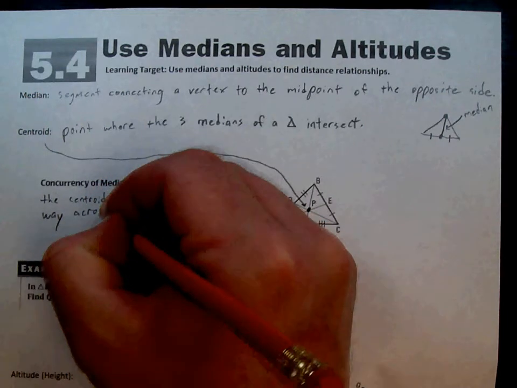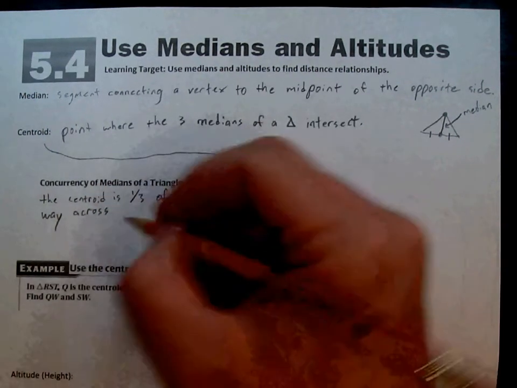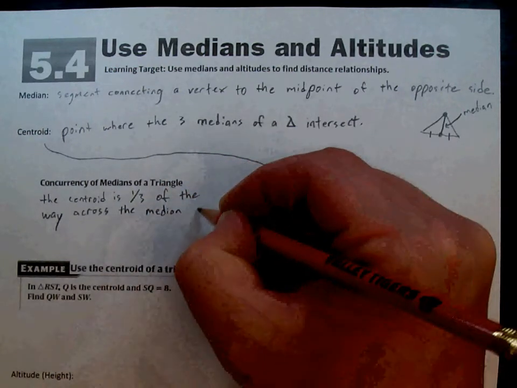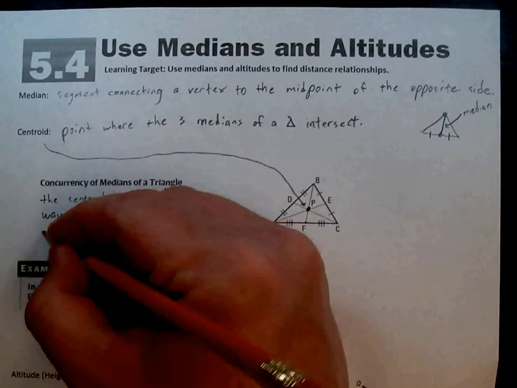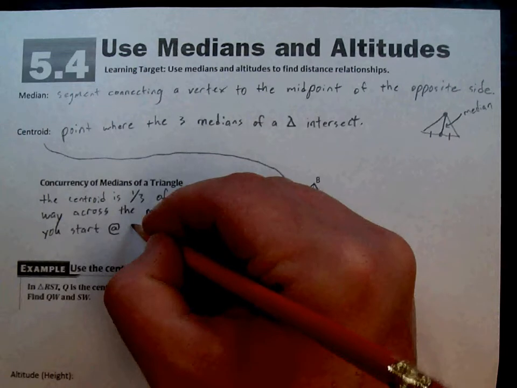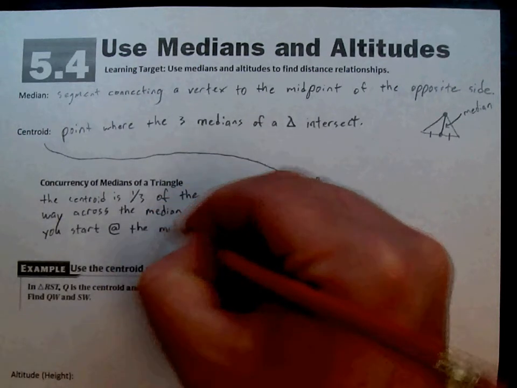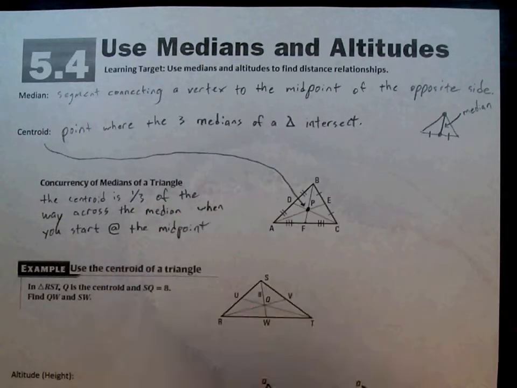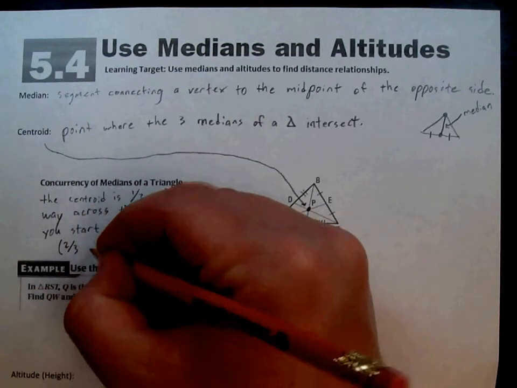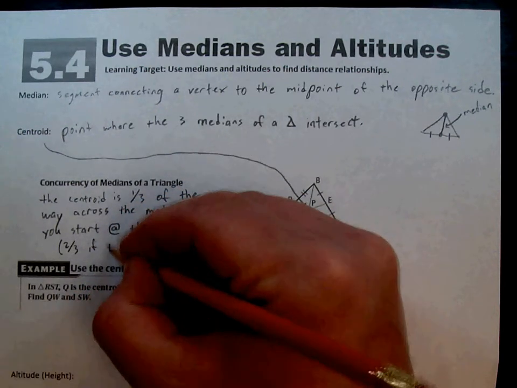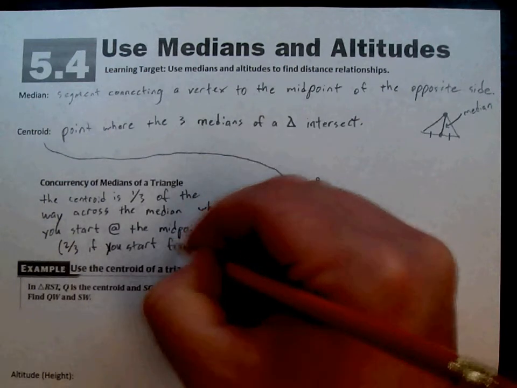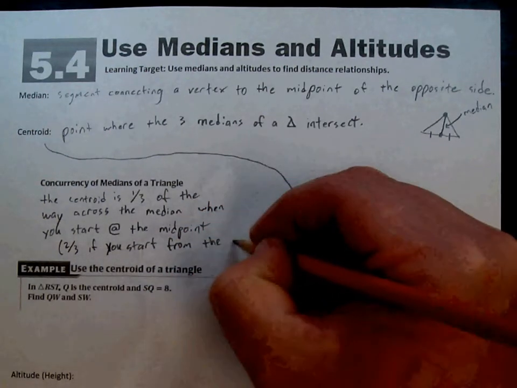This is not really a textbook definition, kind of my own wording. Then in parentheses, I would say 2/3 if you start from the vertex.